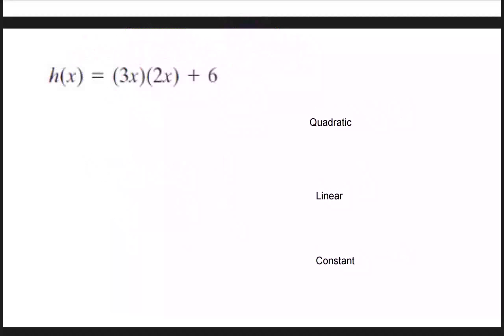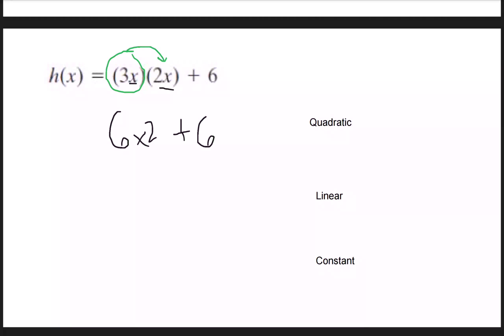In this second example, we're going to try to do the same thing. When I look at this, I'm going to start out by saying, okay, let's try to make this simpler. So we're going to take this and multiply it by there, which should give me 6, and x times x will give me x squared plus 6.